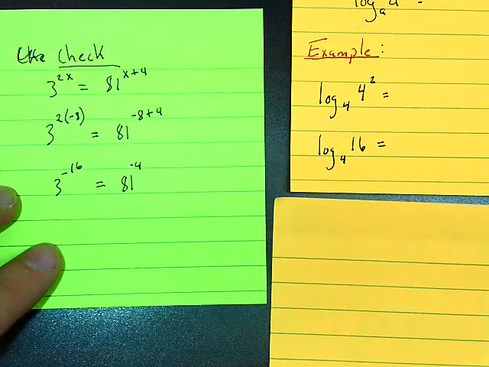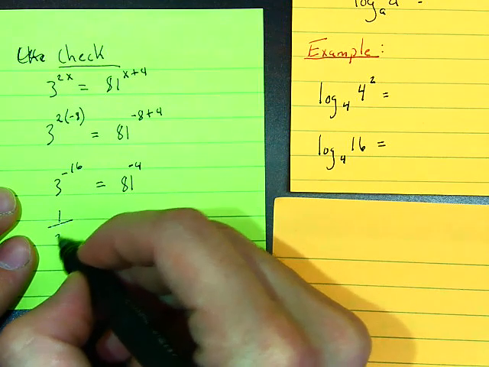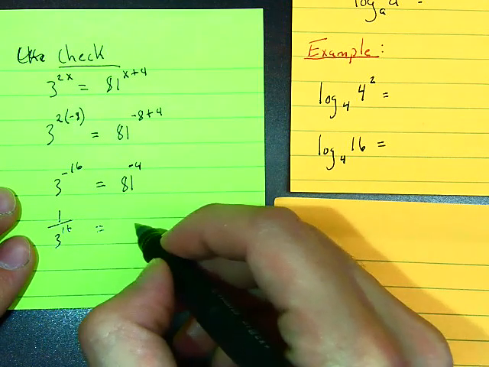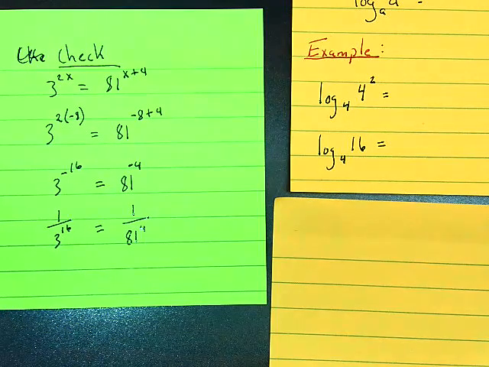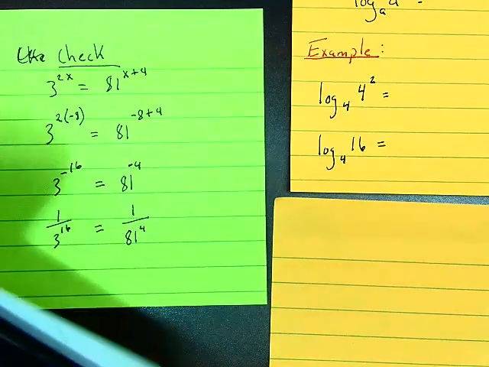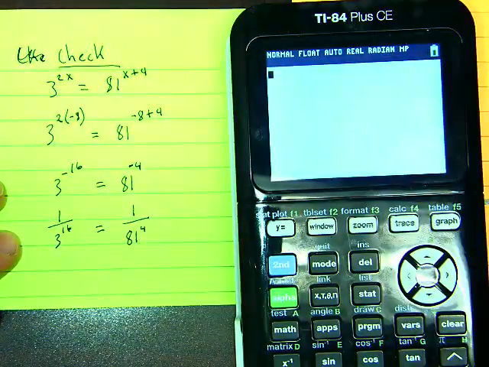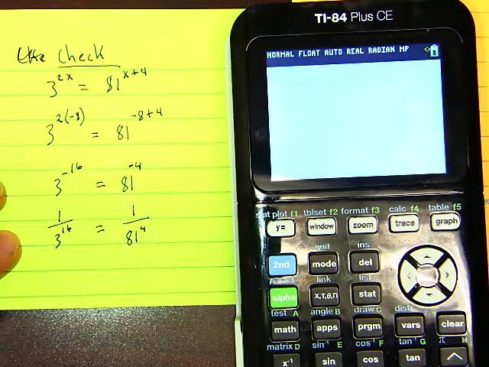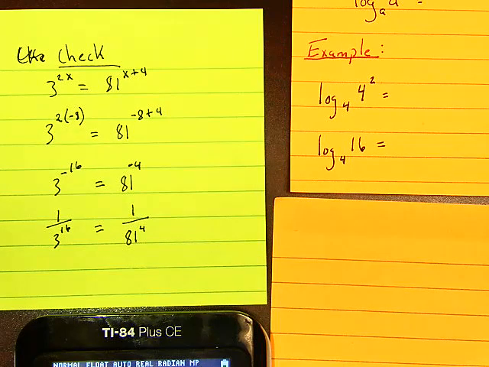Okay. Now, why does this work? What is 1 over 3 to the 16? That's probably going to be a really big number. And 1 over 81 to the 4. Let's just use a calculator real quick to check this. So here, you could grab a calculator. And what is 3 to the 16?